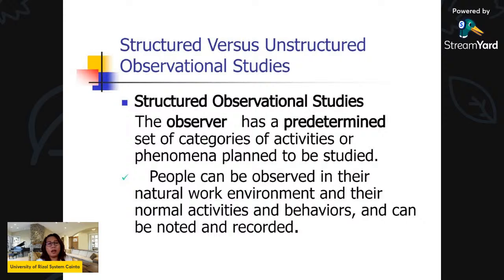How? What about structured observational studies? Observer has the predetermined set of categories of activities or phenomena planned to be studied. Meaning to say, meron ng in-identified na activities or categories na kailangan niyang i-observe. Na-acquired ba yon o nangyari ba in a specific activity ng isang group work.